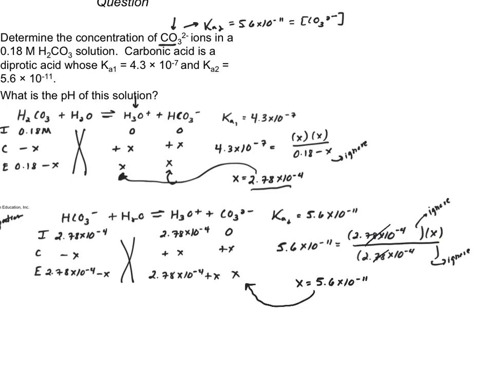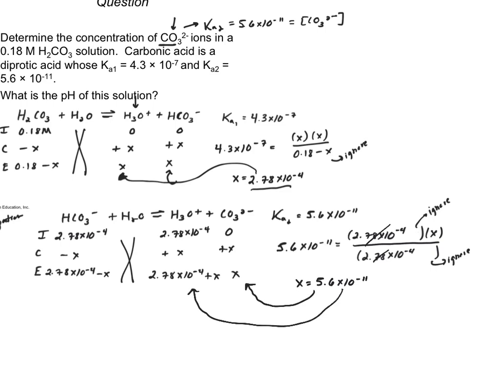But I had also said one important thing, right? For everything except sulfuric acid, do you ever have to include the second ionization in determining the pH? No, because it's so small. To get our overall concentration of H3O plus, if I add this tiny number to 2.78 times 10 to the minus 4th, what am I going to get? 2.78 times 10 to the minus 4th, and then a bunch of other digits from the second ionization contribution.